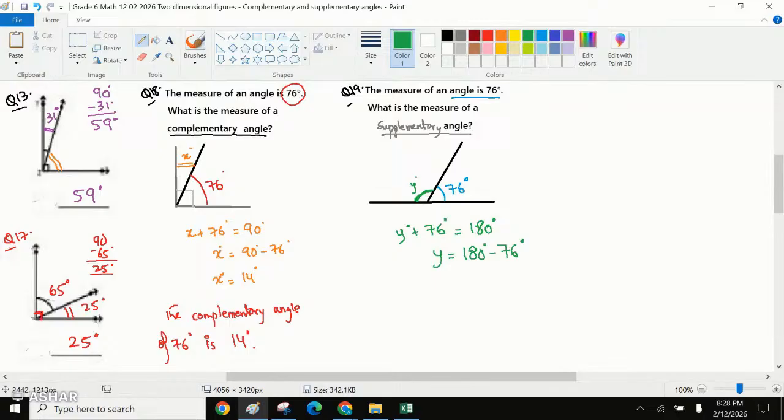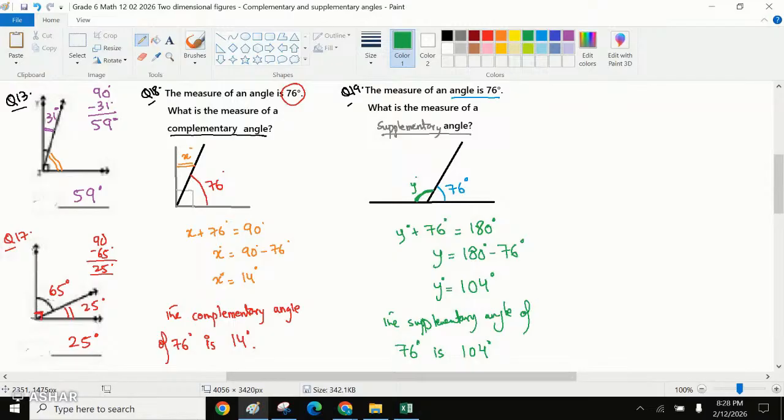And 110 minus 6 is 104. So we can say the supplementary angle of 76 is 104. Do we agree?